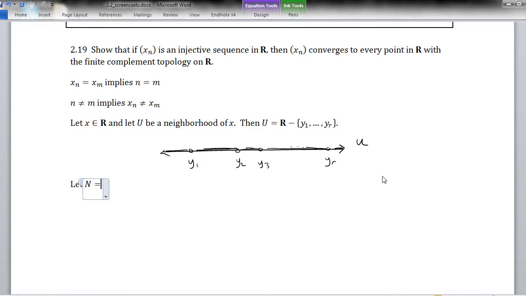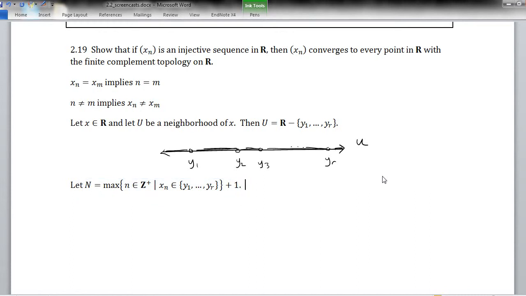So it's going to be the maximum of the set of n in the positive integers such that the nth term is one of these y's. Actually, that doesn't quite work, because I need x sub capital N itself to be in U, right? So I need to add 1 here just to get past that last potential problem.